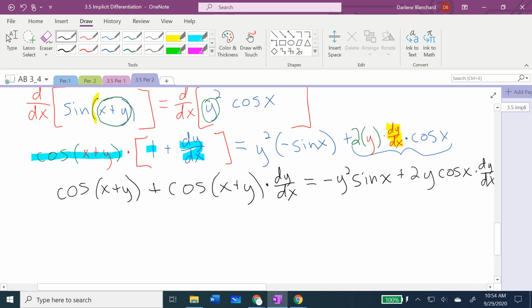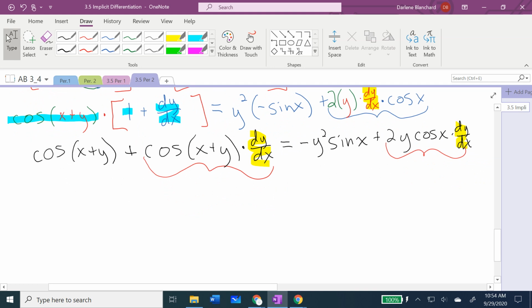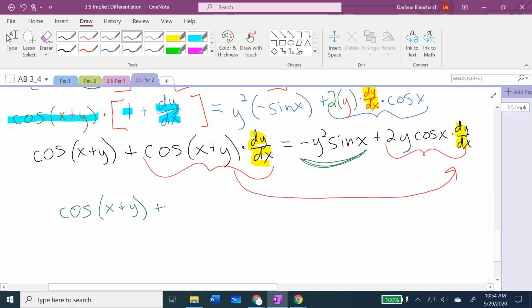If it's okay with you, I'm going to do the algebra in a quick one-step way. If this causes you to make mistakes, don't do it this quickly. So let's say I decide that I'm going to move this over to the right. That means that the left side will have the cosine of x plus y, and I need to add this y squared times sine x.